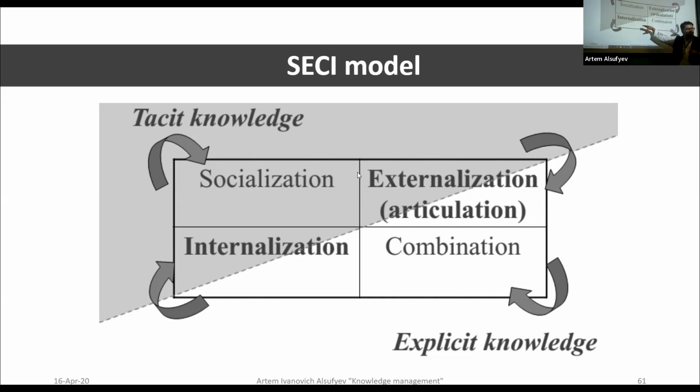Employees get this explicit knowledge internalized in terms that they say, okay, there are specific rules of behavior, specific organizational knowledge, organizational culture, and I'm going to internalize it so that it becomes mine.